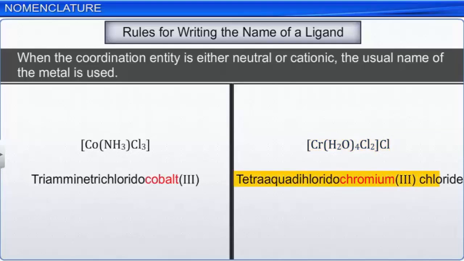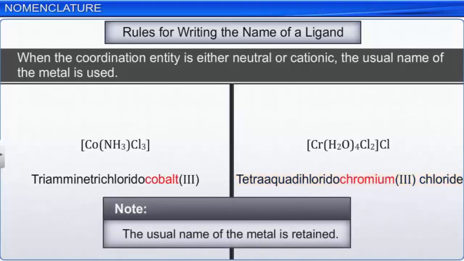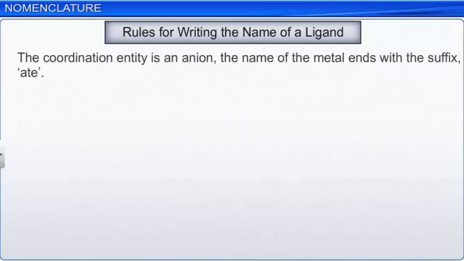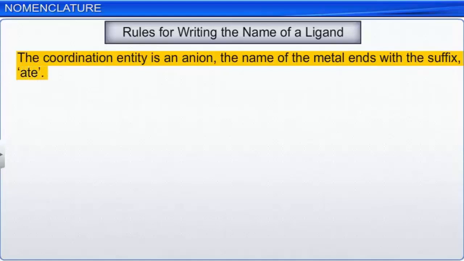However, when the coordination entity is an anion, the name of the metal ends with the suffix -ate. For example, the anionic complex Na[Pt(NH3)Cl3] is named as sodium amine trichloridoplatinate(II).